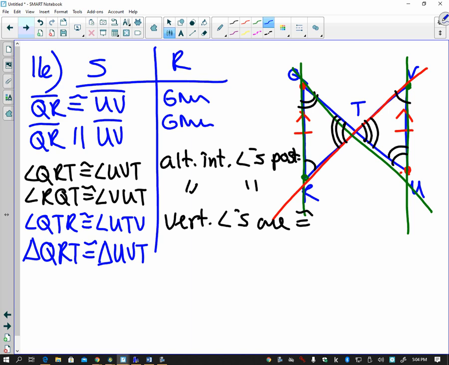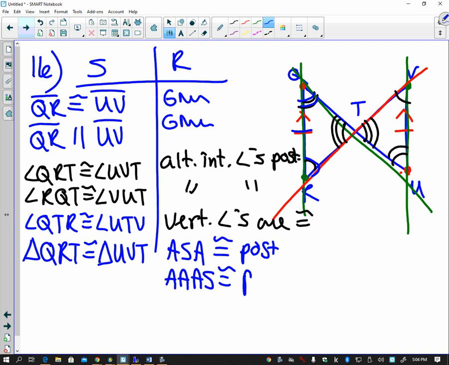One thing I could use is angle side angle. You can see angle side angle being done here. Angle side angle congruency postulate. We could also say angle, angle, side congruency postulate. Either one of those two would work. You don't have to use both of them. I just wanted to show you as much information as we can here.